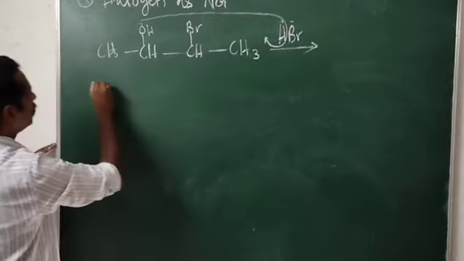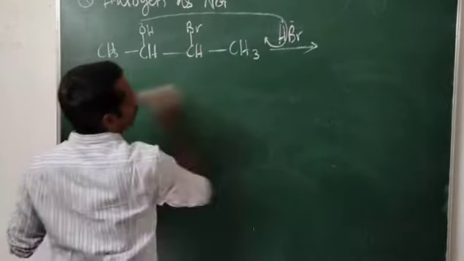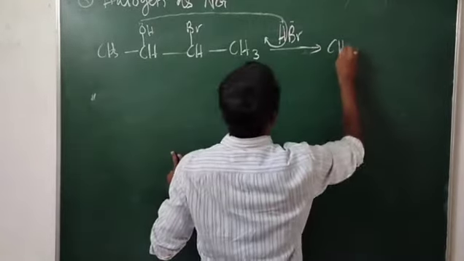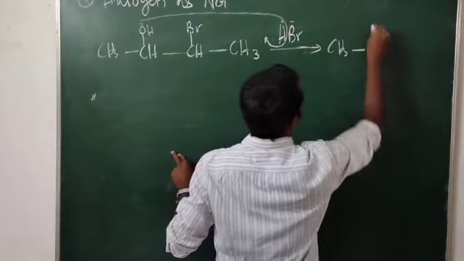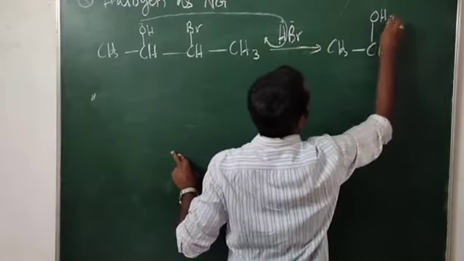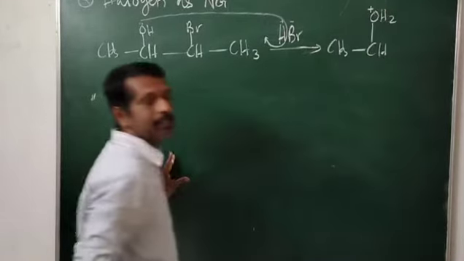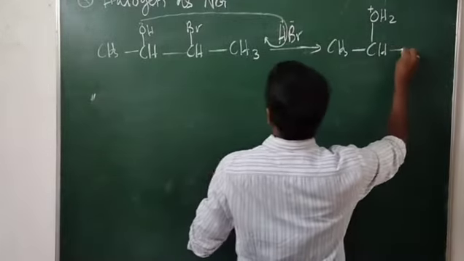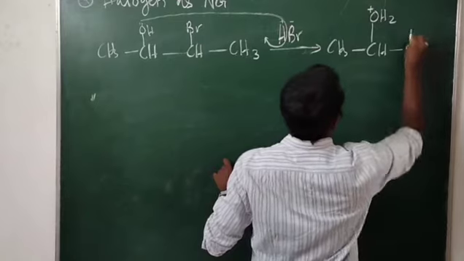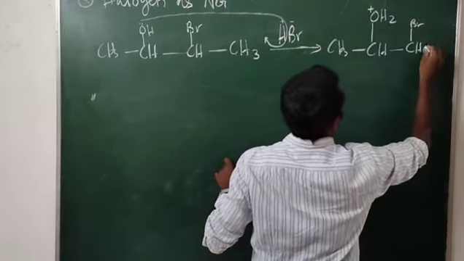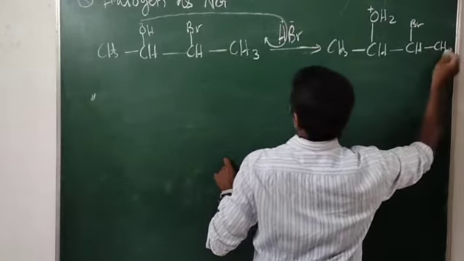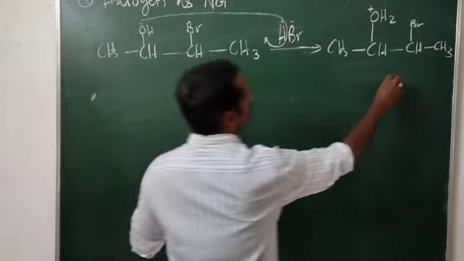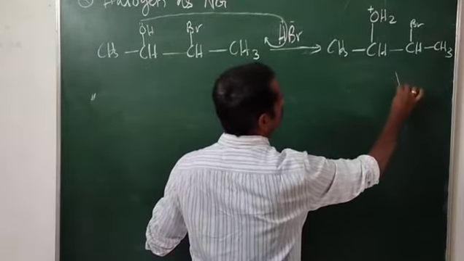It will change into, so I am writing here, CH3, CH, this will become OH2 plus. Now it becomes a better leaving group, and you can see that Br, and here it is CH3, Br and CH3.